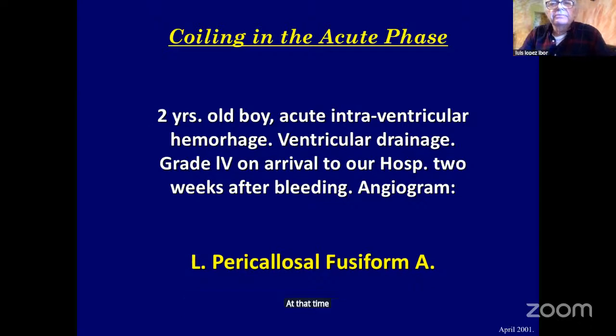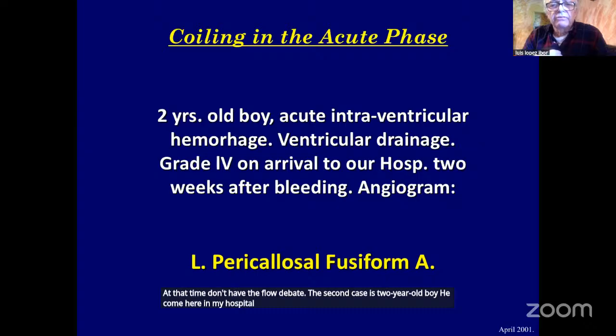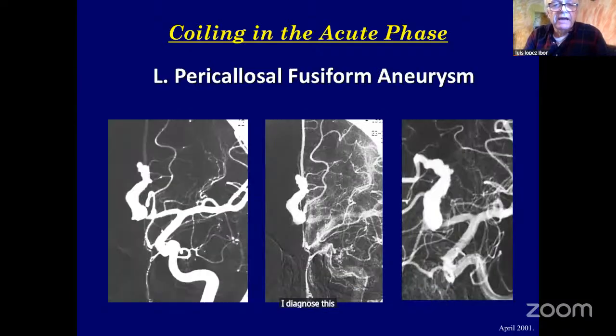The second case is a 2-year-old boy. He came to my hospital with ventricular hemorrhage grade 4 when he arrived at the hospital. Two weeks after bleeding, coming to my center, I diagnosed this dysplastic fusiform pericallosal aneurysm, AP view, late phase, oblique.